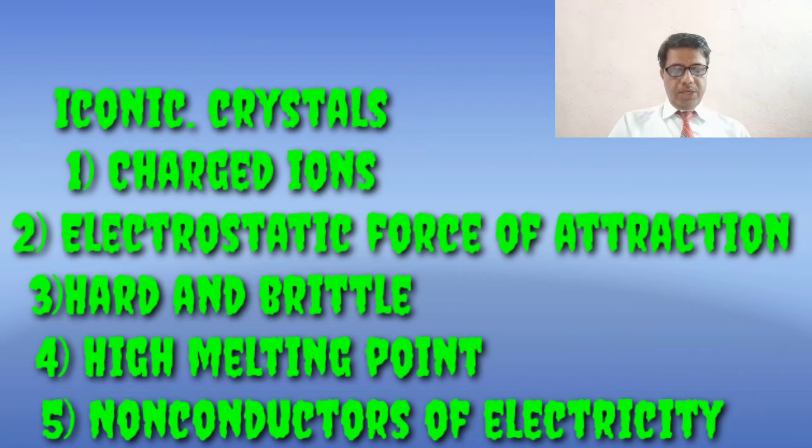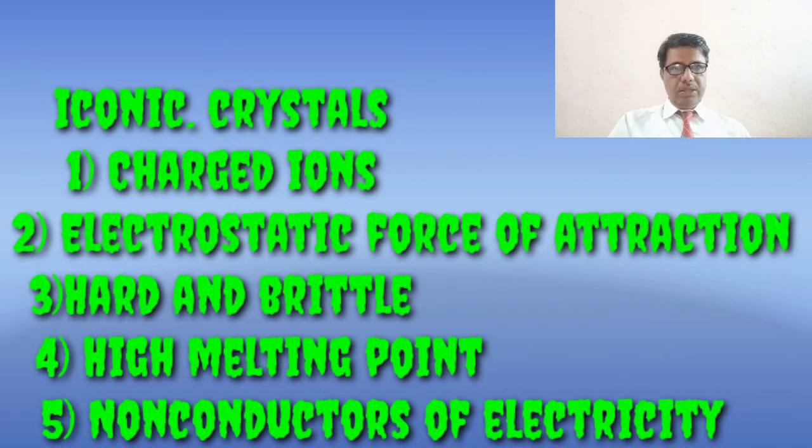Second, each ion of a given sign of charge is bonded to ions of opposite charge around it by Coulomb force, also termed the electrostatic force of attraction. In other words, particles of ionic crystals are held by electrostatic force of attraction between oppositely charged ions. What is the electrostatic force? It is of two types: electrostatic force of attraction, and electrostatic force of repulsion. The force of attraction acts between oppositely charged ions, that is, positively charged cations and negatively charged anions.